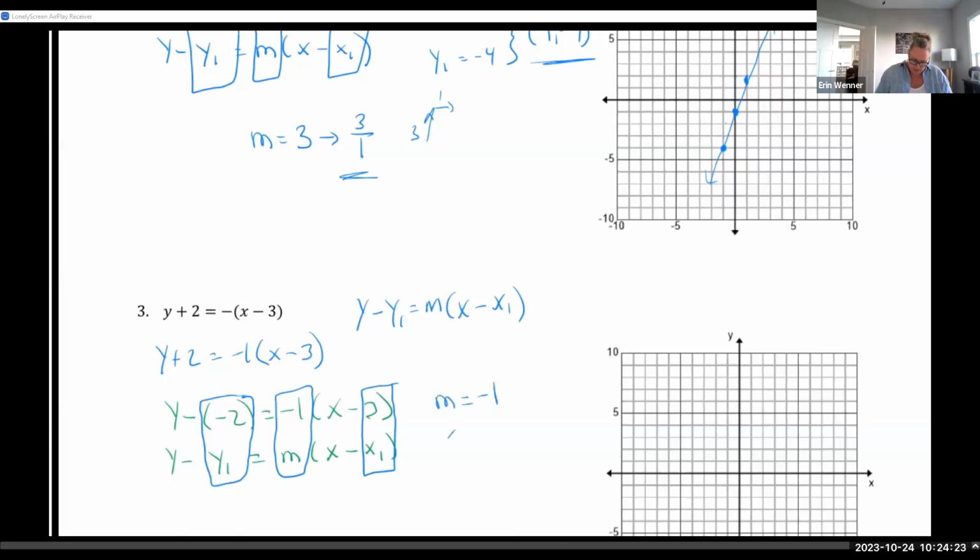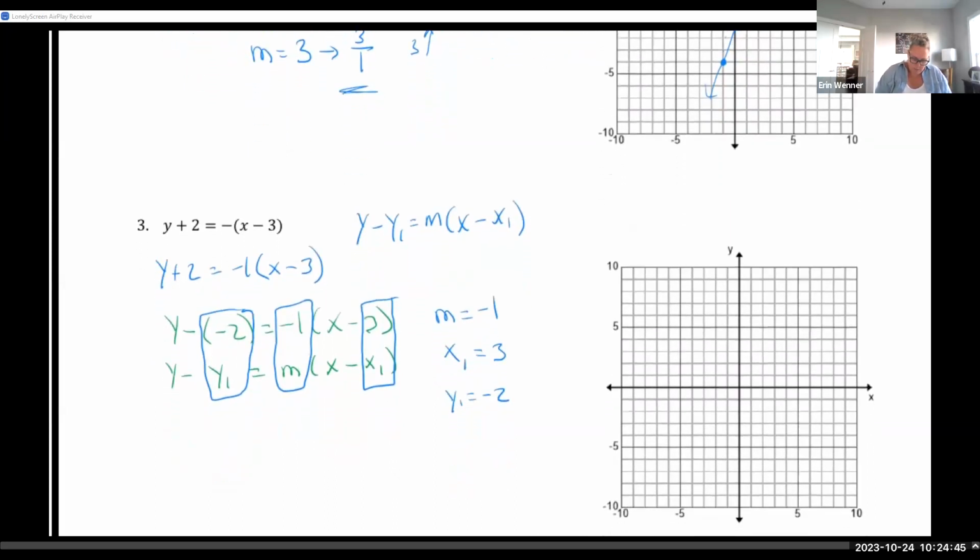Our x1 is just +3 because again, it's x minus 3, so we only want the 3 portion. And for y1, because it's y minus a -2, we want the -2 portion. So our ordered pair is going to be the point (3, -2).